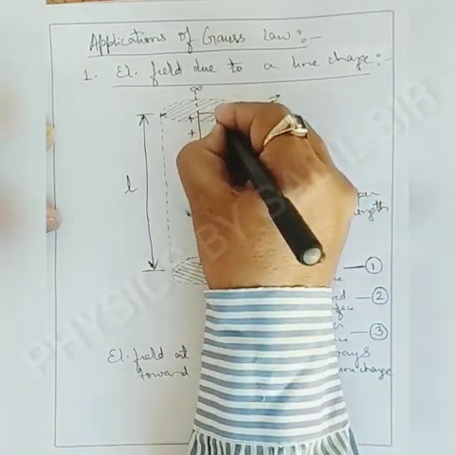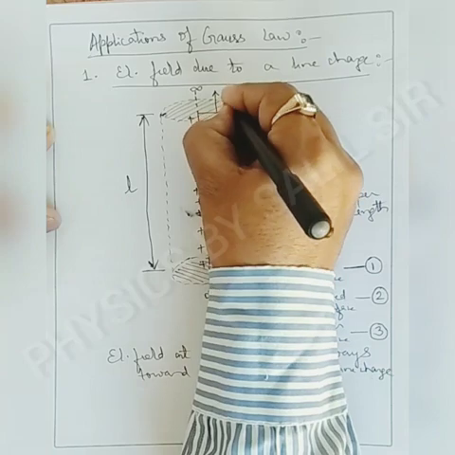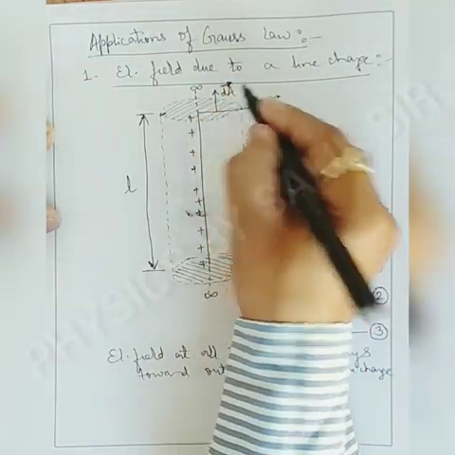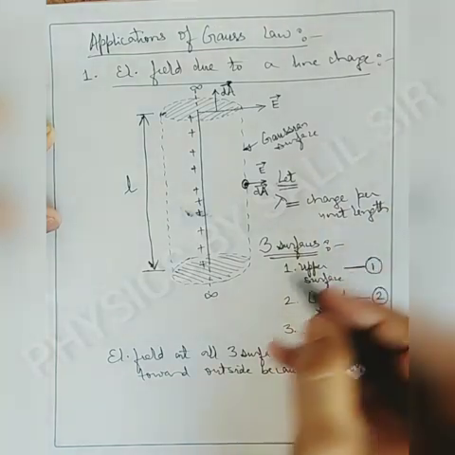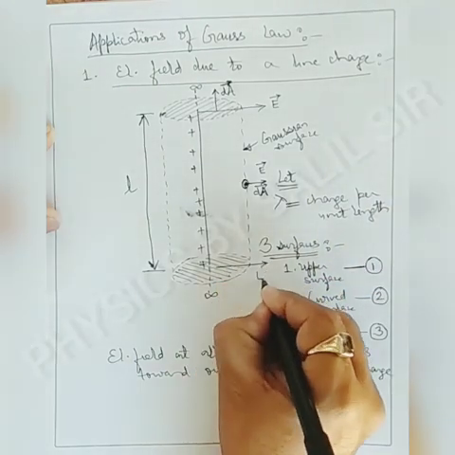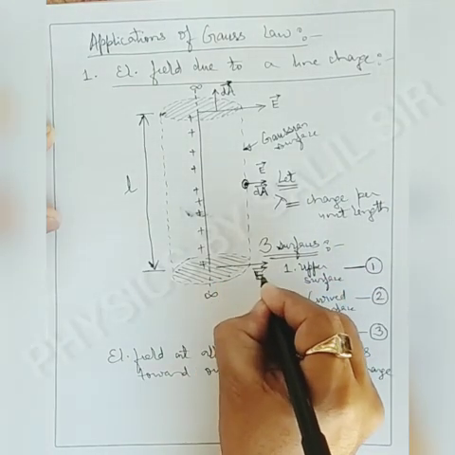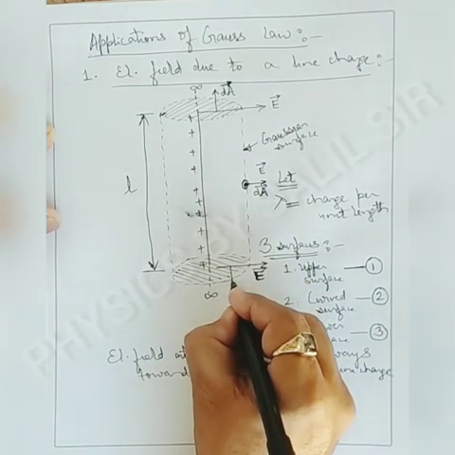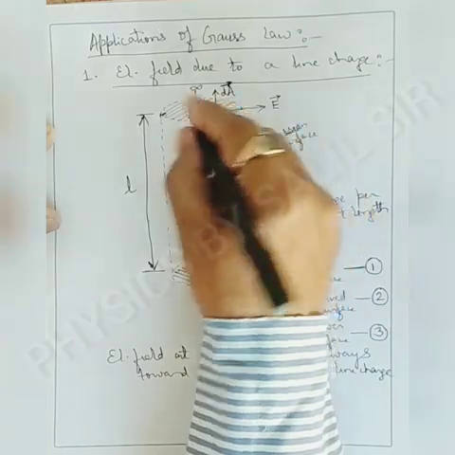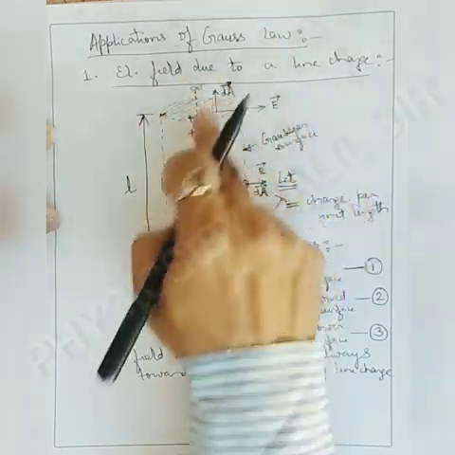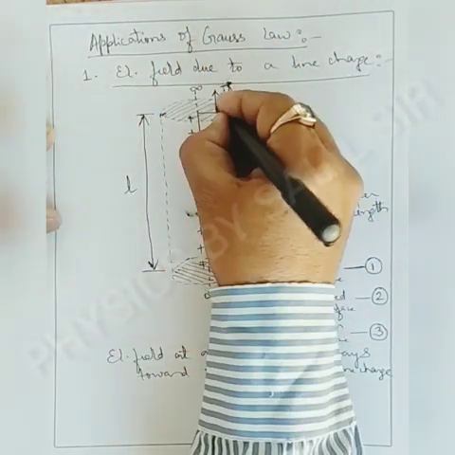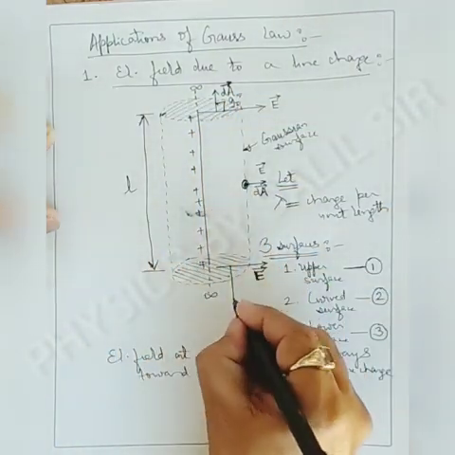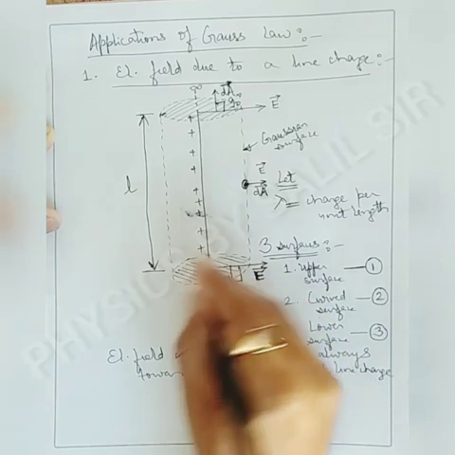For the upper face, the area vector will be vector dA, vector E will be in this direction, and the area vector will be normal to the face, meaning 90 degrees to the face.